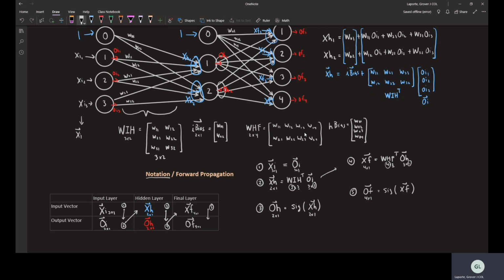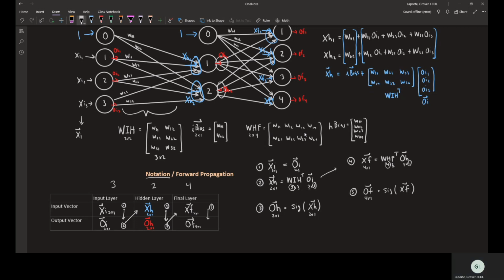So XI: the first letter represents if it's input or output, the second letter represents what layer it's going in, and the little 3 by 1 is just the number of components in that vector, for this 3 node by 2 node by 4 node network. This should be another letter. So O and I should be the same size. So this is XH, OH, XF, OF, and so on and so forth.